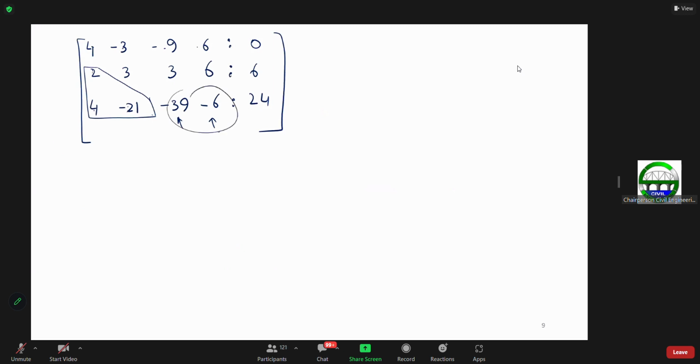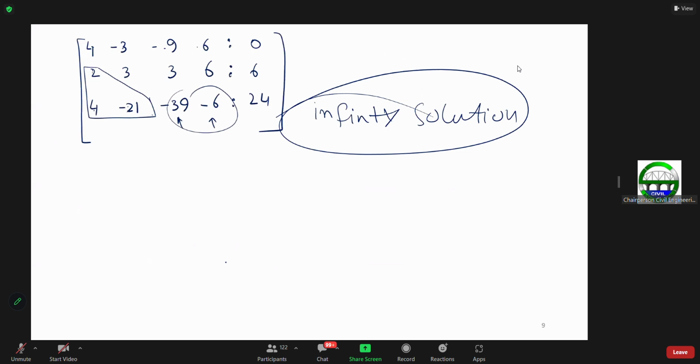If this case happens, then the system of linear equations has infinite solutions. Okay, so in that case you can still solve it.